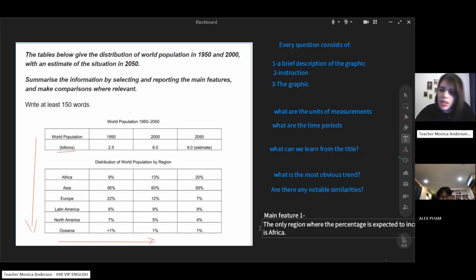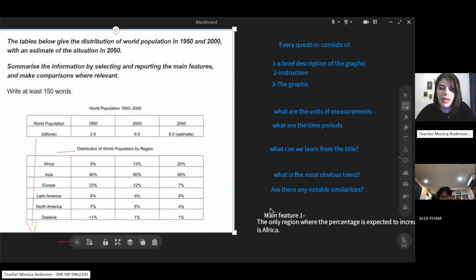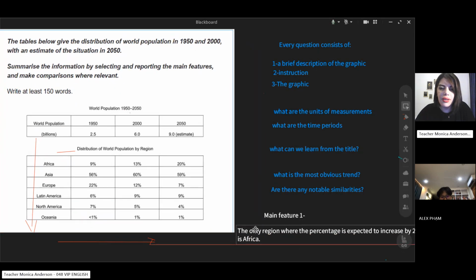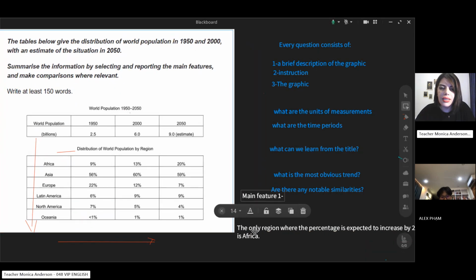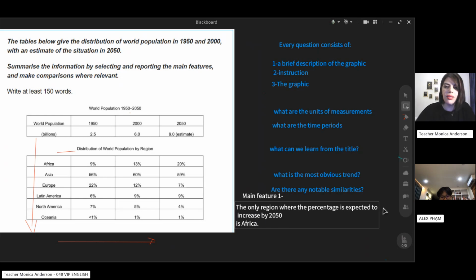Now let me put it here so that you can see better. Well, this way and this way. No, it doesn't work. So yeah, this is my main feature 1.